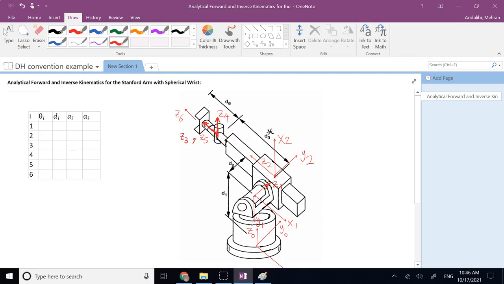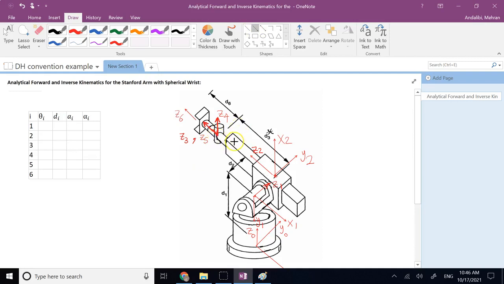Now that that is the case, I can go ahead and set up my X3. And your X3 has to be perpendicular to Z2 and Z3, which are parallel and intersecting. So in this case, it can be upward, downward like Z4, or it could be radially in, radially out like Y2. And here I choose the radial direction.